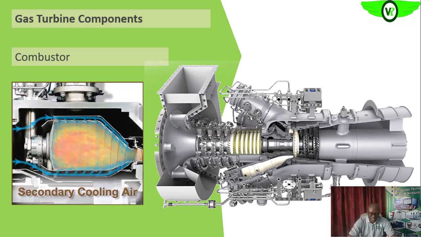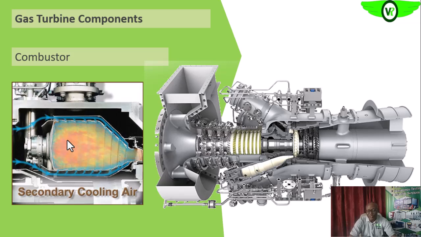So of the compressed air that comes into the combustor, 30% of it enters into the combustion chamber through the opening behind the combustor, as you can see. About 30% of this compressed air is used for combustion.